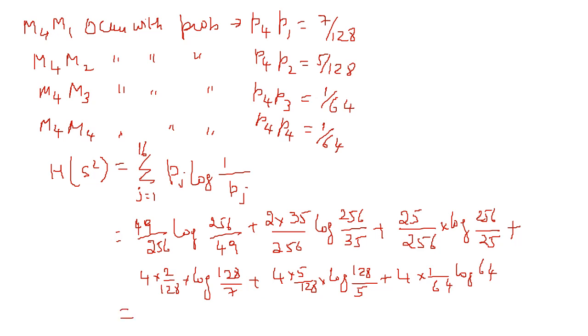We are going to get the answer of H of S square as 3.5924 bits per message symbol. So this is the entropy of the second extension of the source.